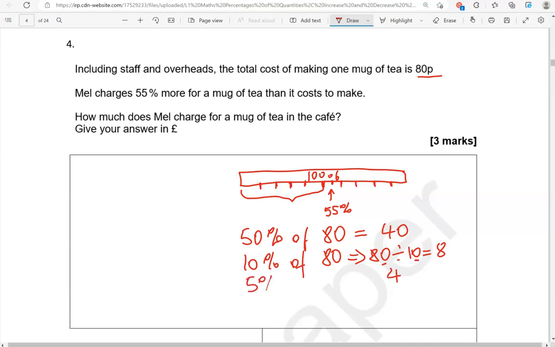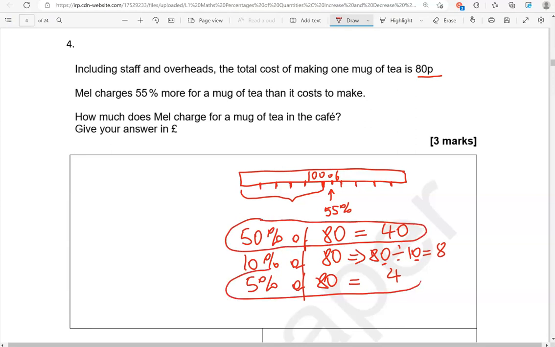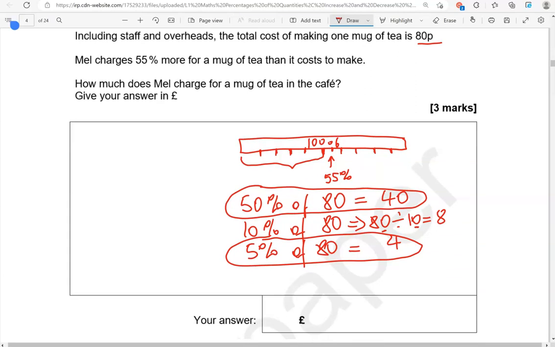So 5% of 80 is equal to 4. 55%, that will be 50 and the 5%. So 40 and the 4 gives us 44 pence.